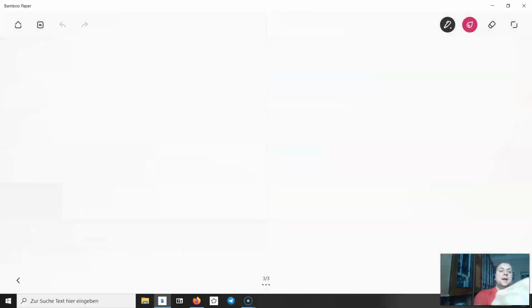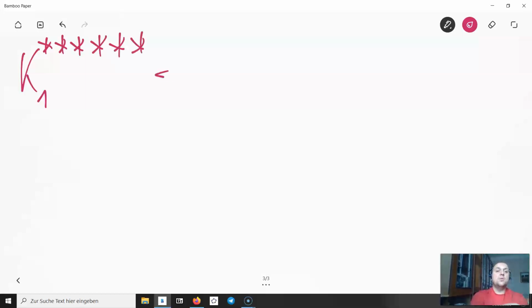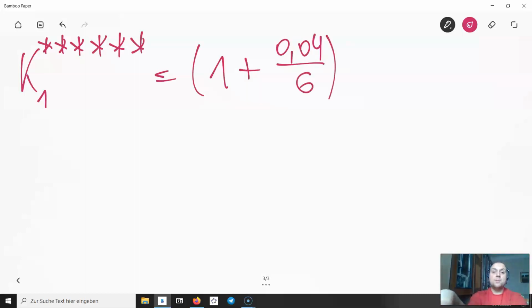So let's say K1, and let's say 6 stars, so subdivision into 6 intervals, would be 1 plus 4% divided by 6, to the power of 6. So that's the story. And this value times K0. And this value is going to be bigger and bigger all the time.